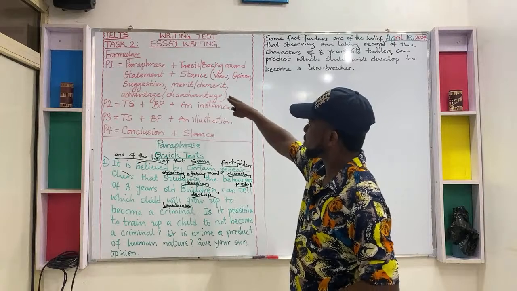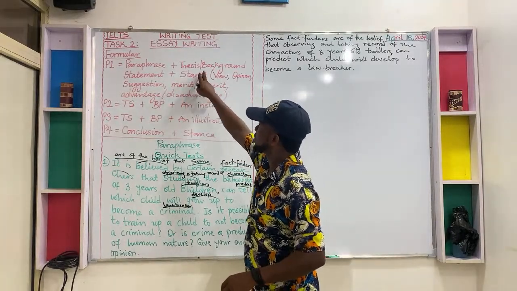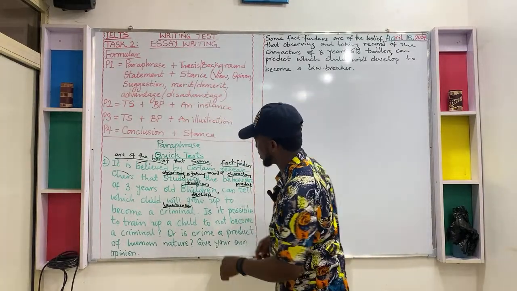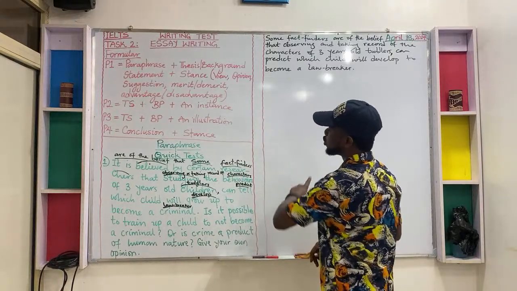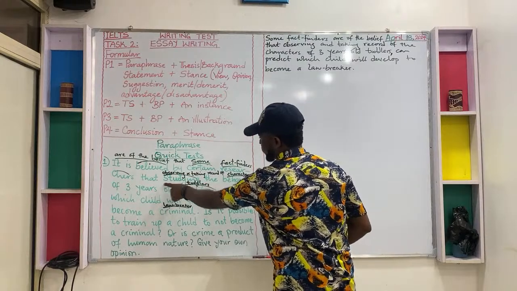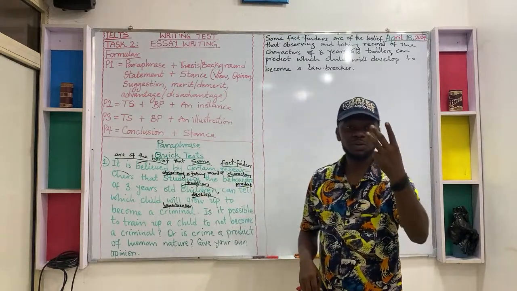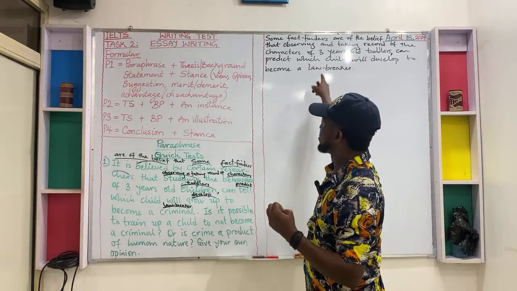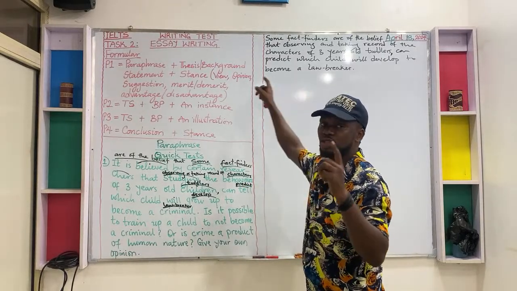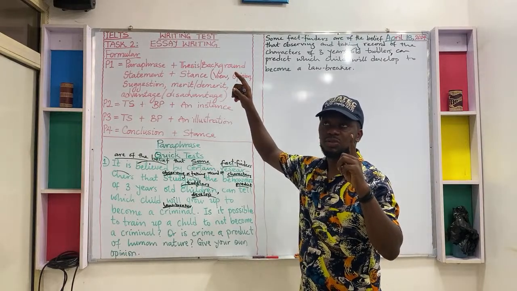Since we have paraphrased the question according to this formula, the next thing is the thesis or background statement. For you to get into the level of planning your essay, you need to come back to this question and read it twice or thrice. Remember, the first time you read the question was not for you to understand.